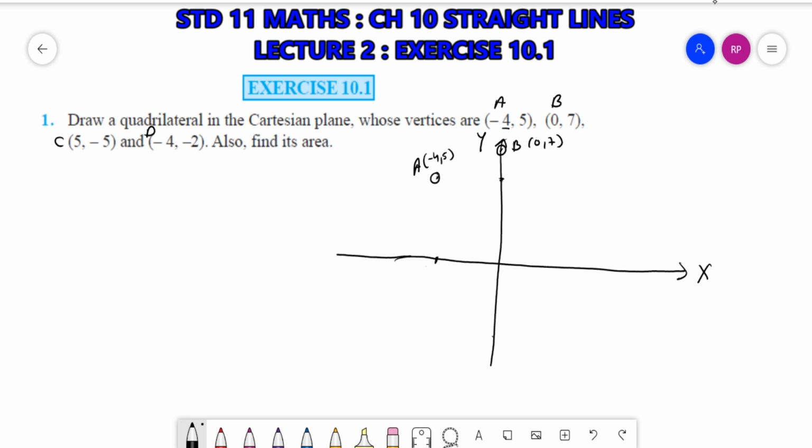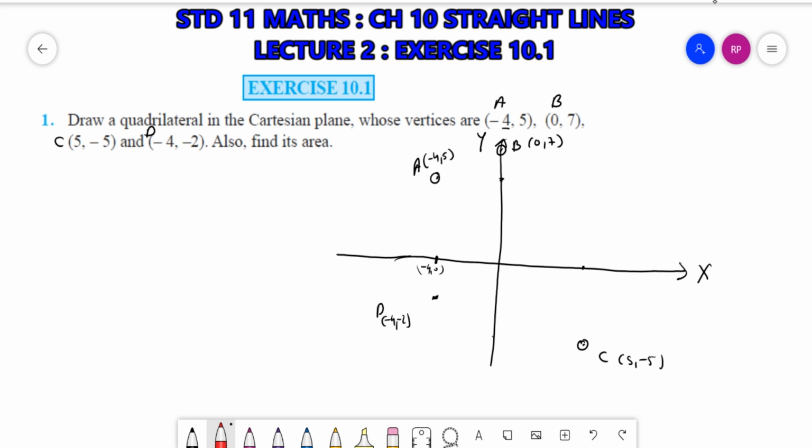Point C, (5, -5). X is 5, so let's take here. Y is minus 5, let's take here. This is point C, (5, -5). D is (-4, -2). Minus 4 we have already taken. So minus 4 and minus 2, let's say here. This will be point D, (-4, -2).